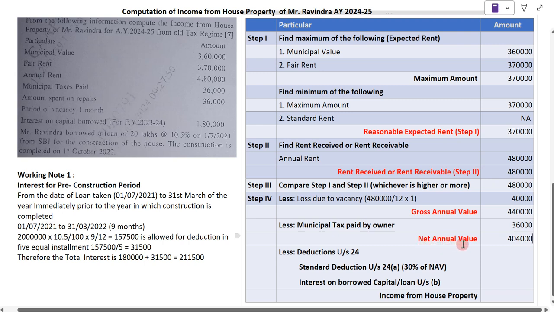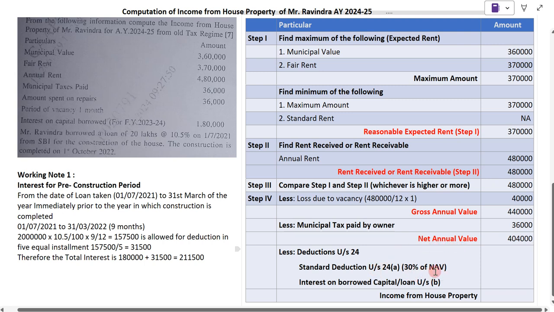From this net annual value, we have to do some deductions. These deductions are under section 24. So first is standard deduction and interest on borrowed capital or loan. In standard deduction we have to deduct 30% of NAV. NAV means what? Net annual value.